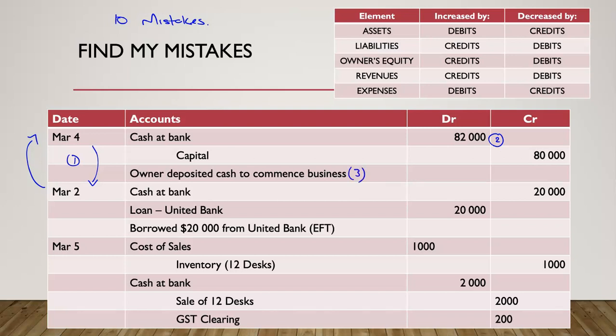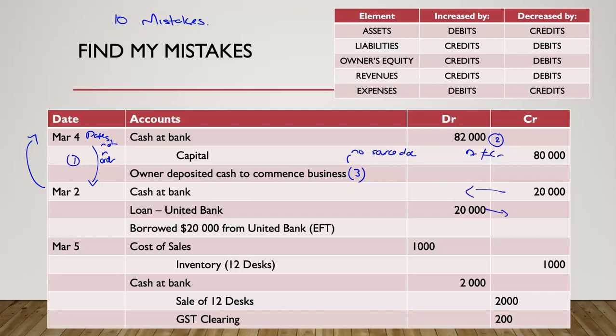Number three, I don't have a source document. So let's just write them down so we're all clear. No source doc. Debits do not equal credits. Dates not in order.